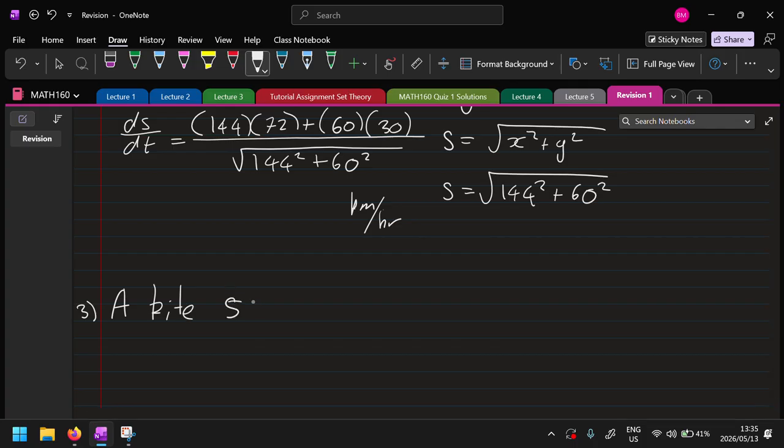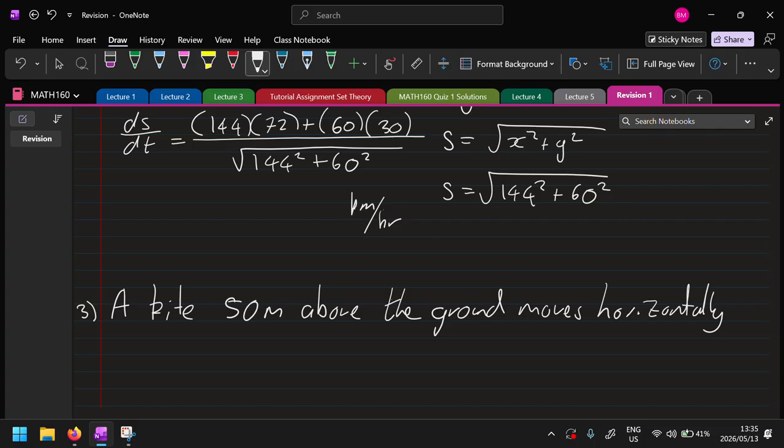Okay, a cart's 50 meters above the ground. Moves horizontally at a speed of 2 meters per second.